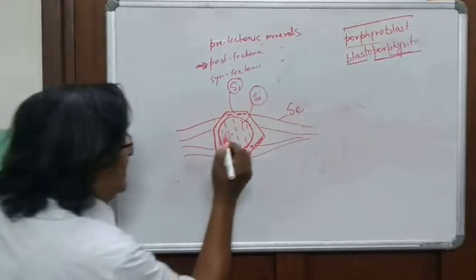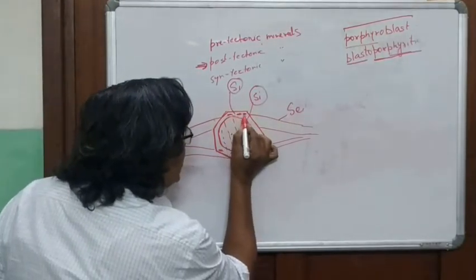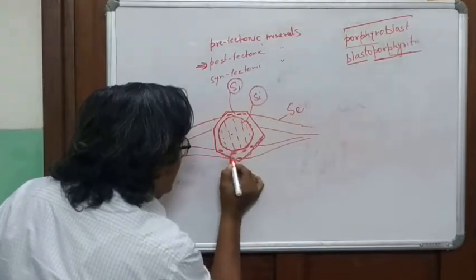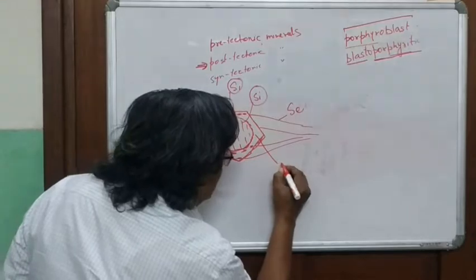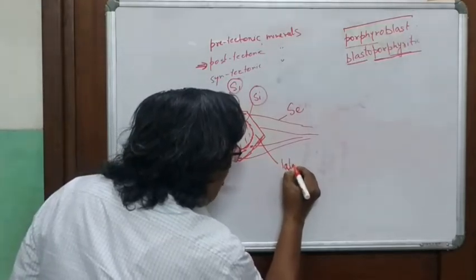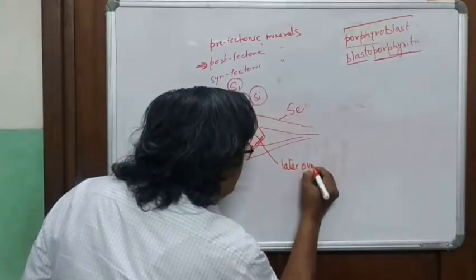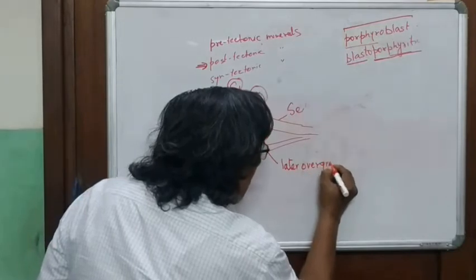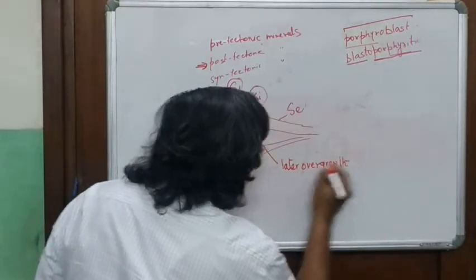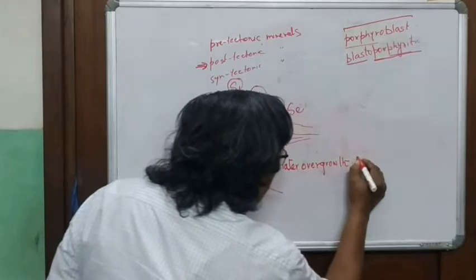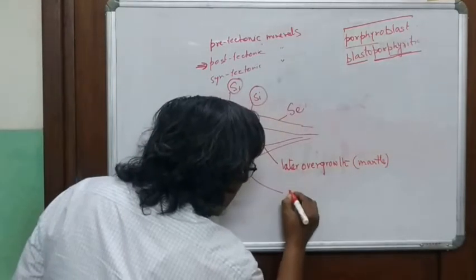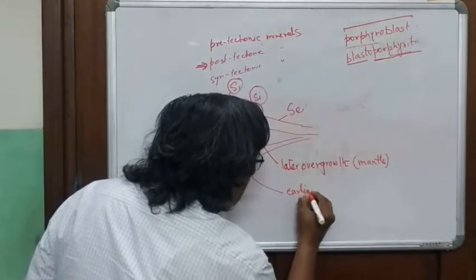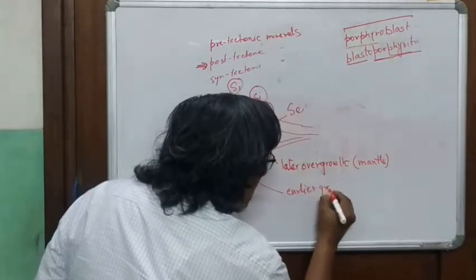But that you find inclusion trails here means that this part is a later overgrowth, a mantle on an earlier grown core.